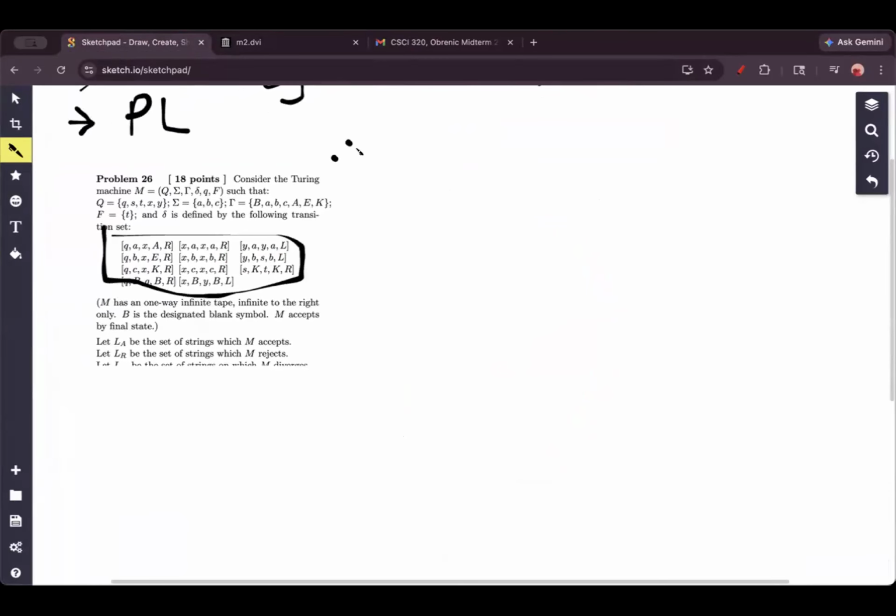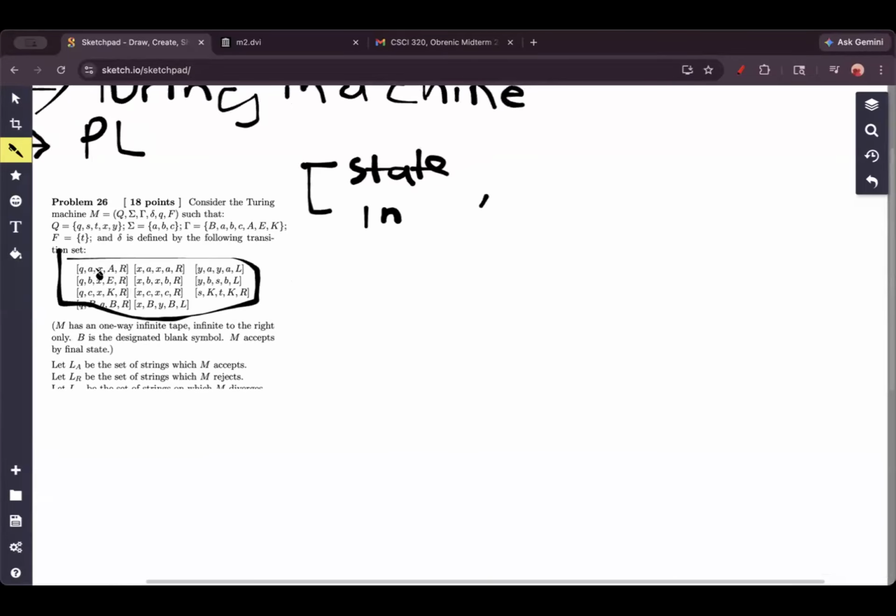And how you read the instructions is that the symbol all the way to the left is the state that you're currently in. And then the second symbol is what you see on the tape.